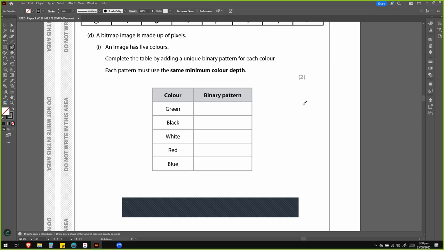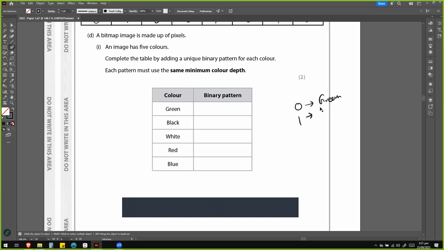But if we just have 0 and 1, with just 1 bit, we could say 0 represents, say, green, and 1 could represent black. I'm just looking at the colors right here, green and black. Okay, but what about white, red, and blue? We can't represent these 3 colors with just 1 bit.